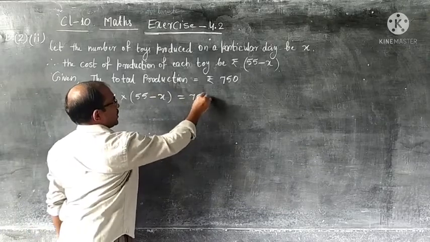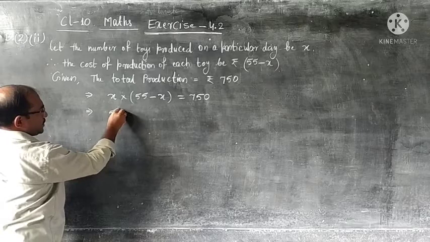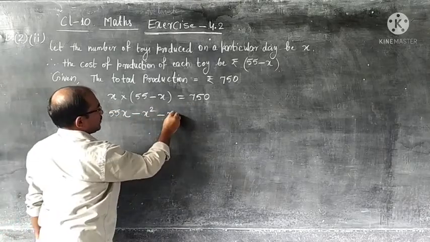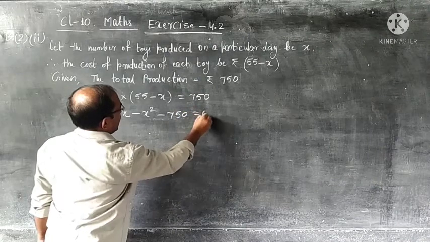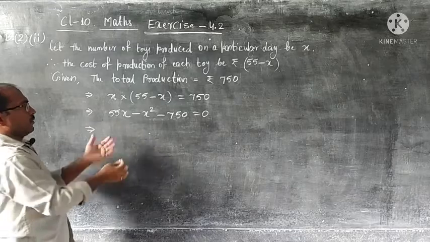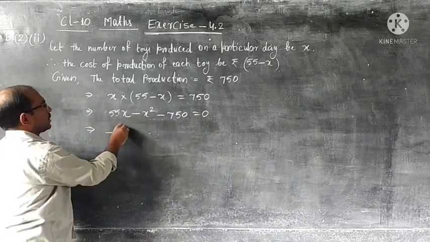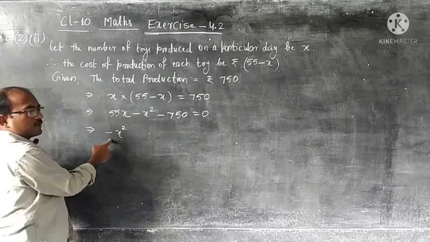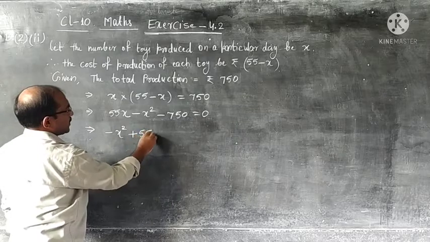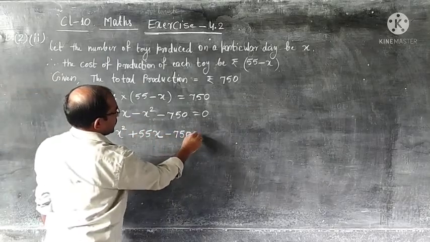Total is 750. Now we will simplify: 55 into x minus x square. Bring 750 here so the RHS becomes 0. We have to give it the form of a quadratic equation. The x square term goes first, it has a minus sign, then 55x, plus, and minus 750 is equal to 0.